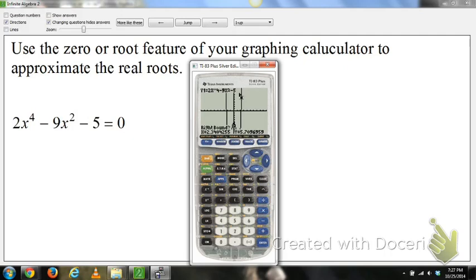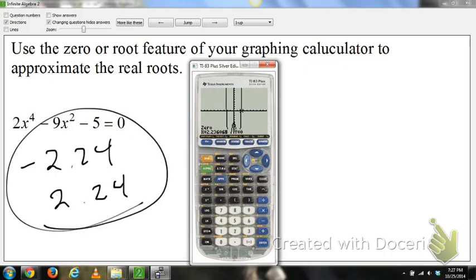I definitely am to the right of it. I'm going to hit enter. And for my guess, I could just hit enter again. And there we go. I get positive 2.24 if I round to 2 decimal places for my solution. So I think it was negative 2.24 and positive 2.24. These are the approximate zeros.